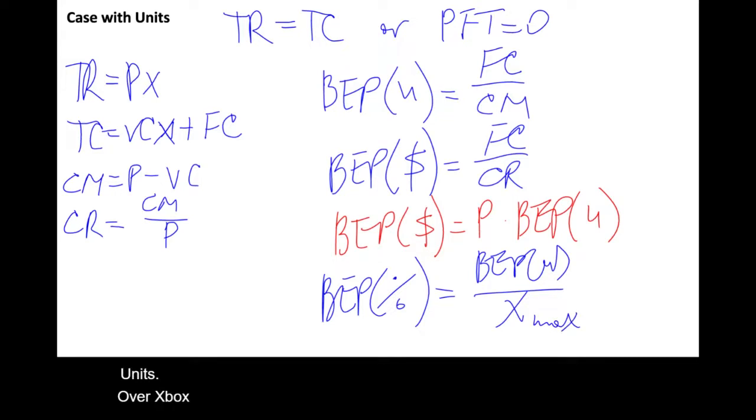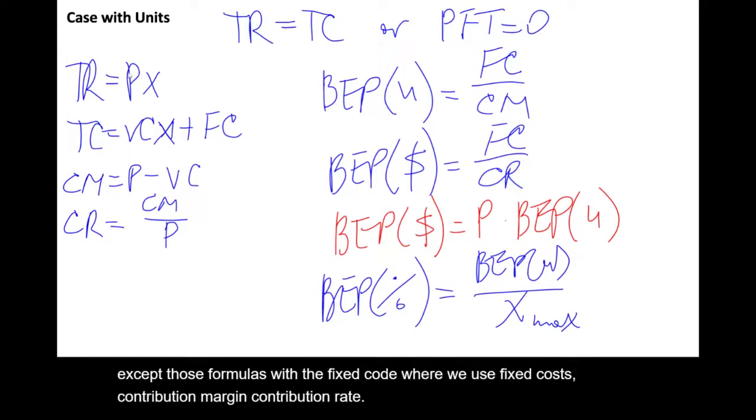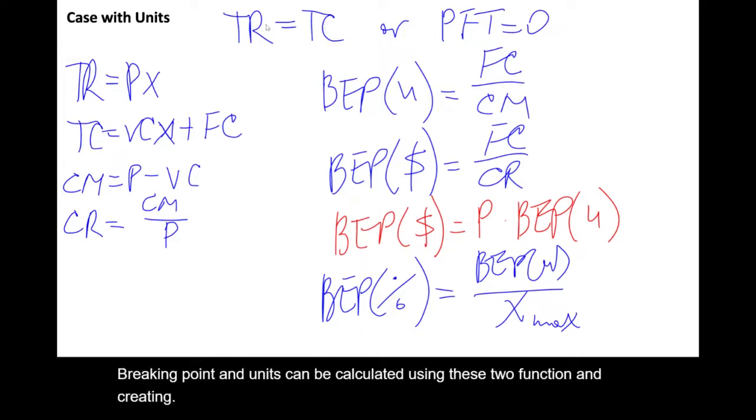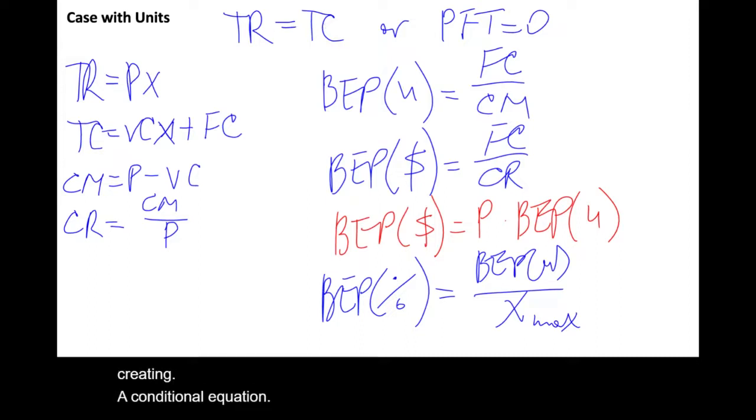Except those formulas with the fixed cost, where we use fixed cost and contribution margin, contribution rate, break-even point in units can be calculated using these two functions and creating a conditional equation. So those formulas we use in case of units. Do you have any questions, people?